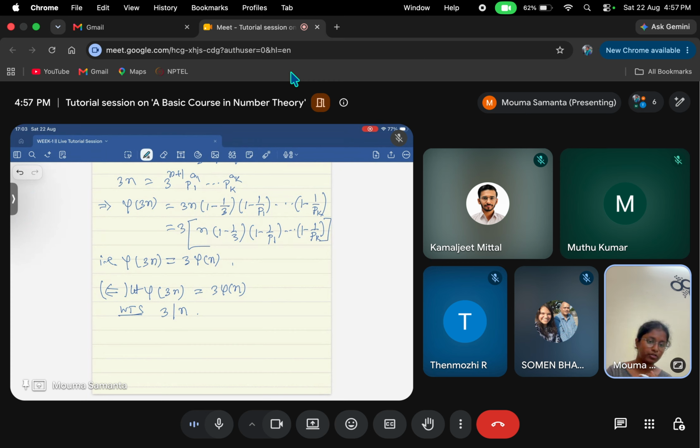Either we have to show that n equals 3k for some integer k, or we can show it by the method of contradiction, right?